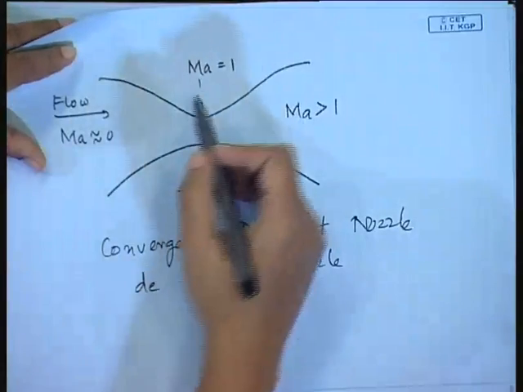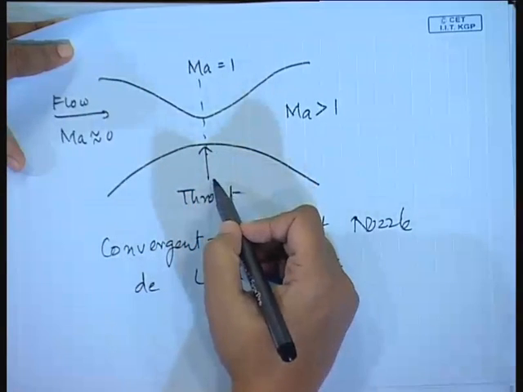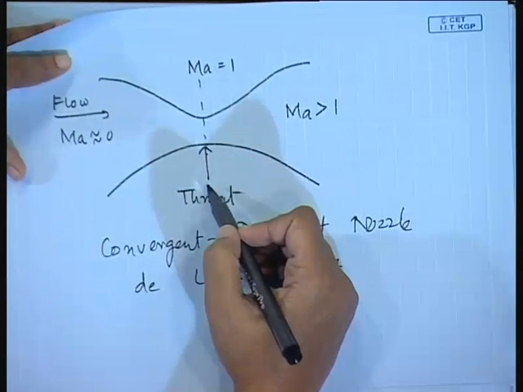So, this is the thing which you have to keep in mind, that for this particular case, if we have to get Mach number equal to 1, it can be under this particular condition.